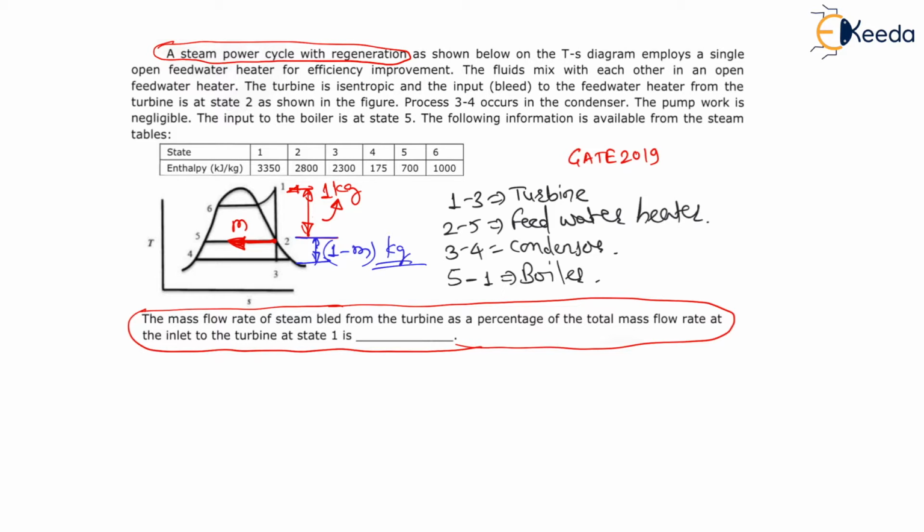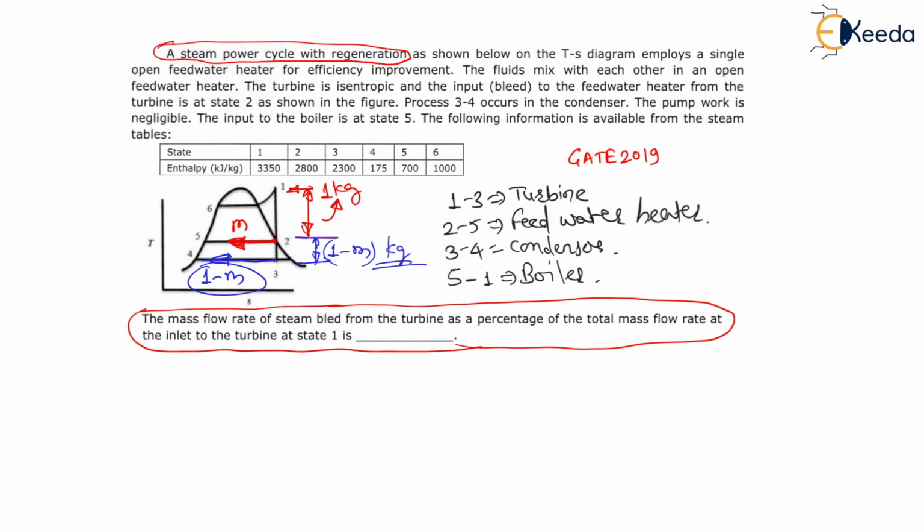Therefore in 3 to 4 also 1 minus m mass is flowing. Therefore at 4 the mass is 1 minus m and at 2 the mass is m. The total mass becomes m plus 1 minus m, which is 1 kg, the inlet mass of the turbine. Now they are asking the percentage of this m in terms of the turbine inlet mass of 1 kg. Therefore we have to find this m, because I have assumed the turbine inlet mass as 1 kg. Whatever the answer for m, that will be the percentage.